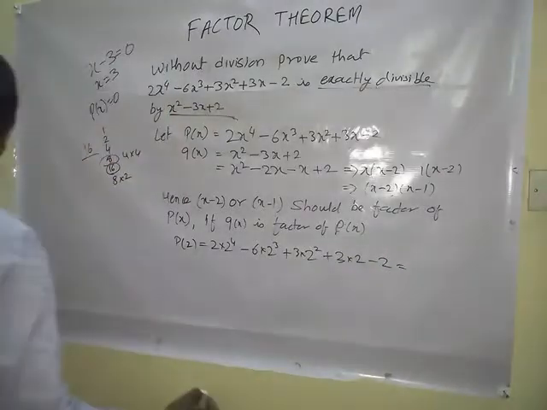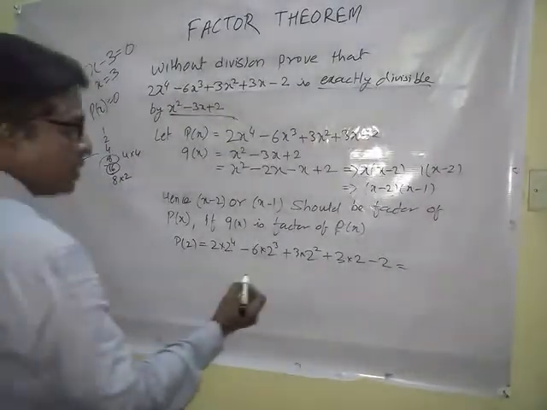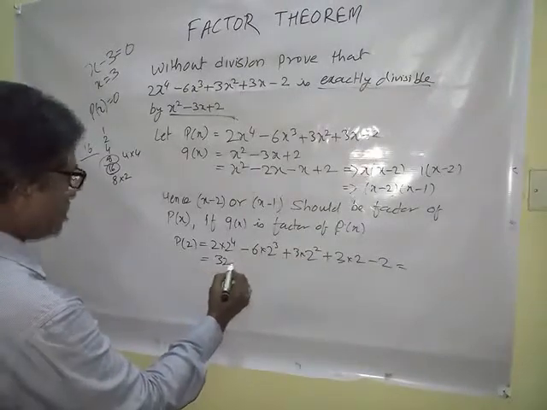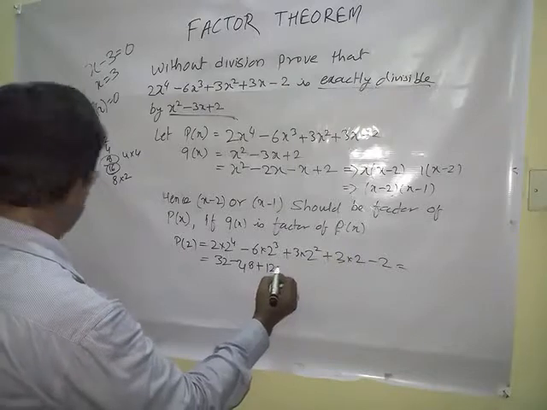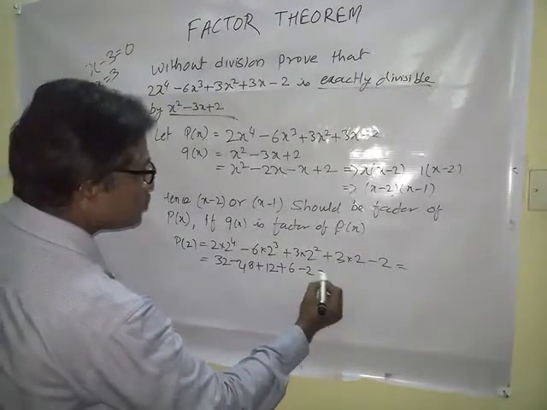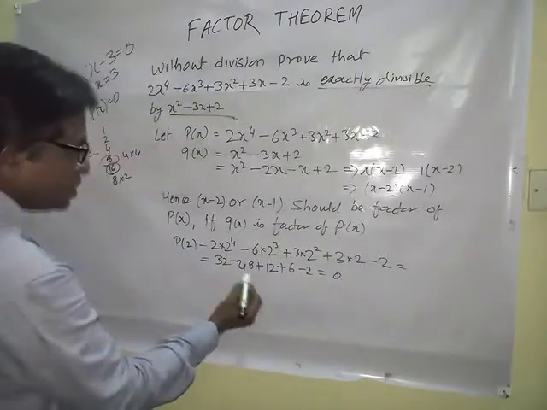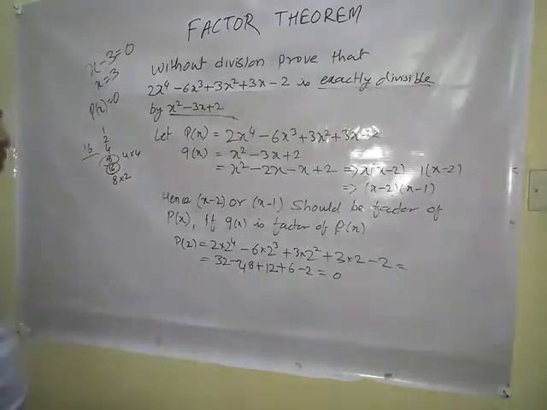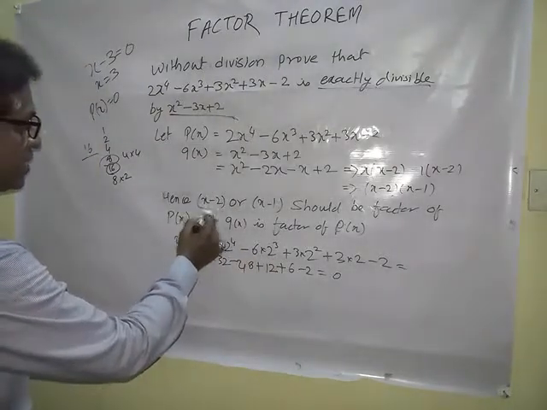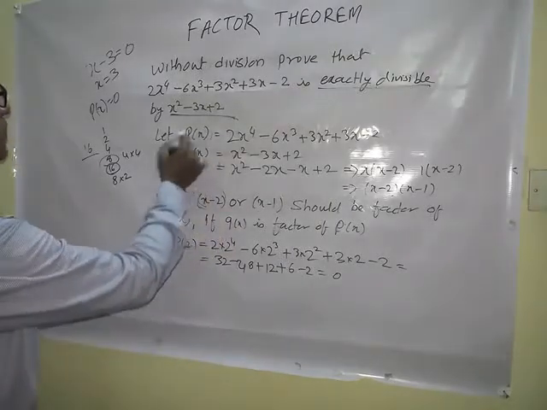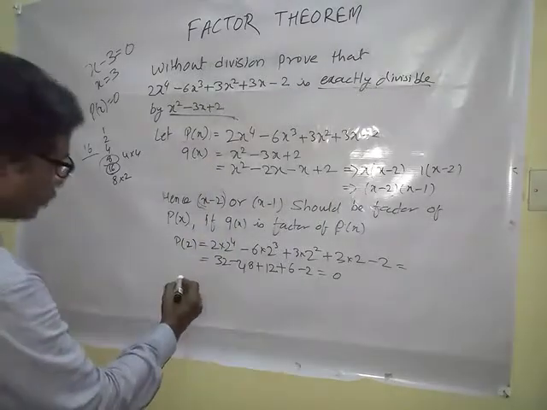If you solve this, it is 32 minus 48 plus 12 plus 6 minus 2, which is equal to 0. So that means x minus 2 is a factor of px. That one part you have proved.